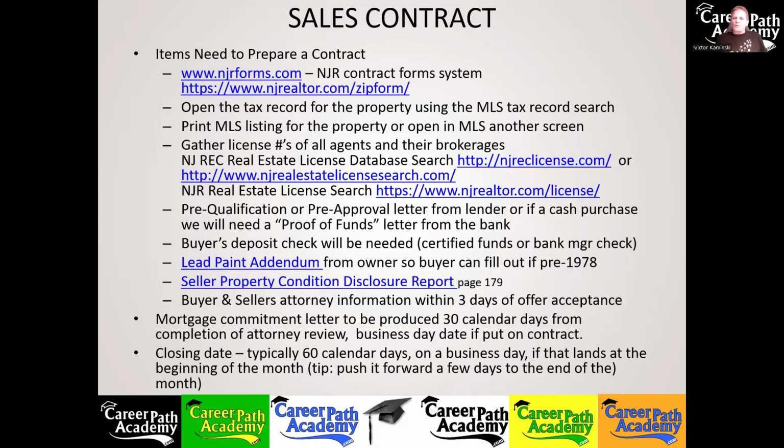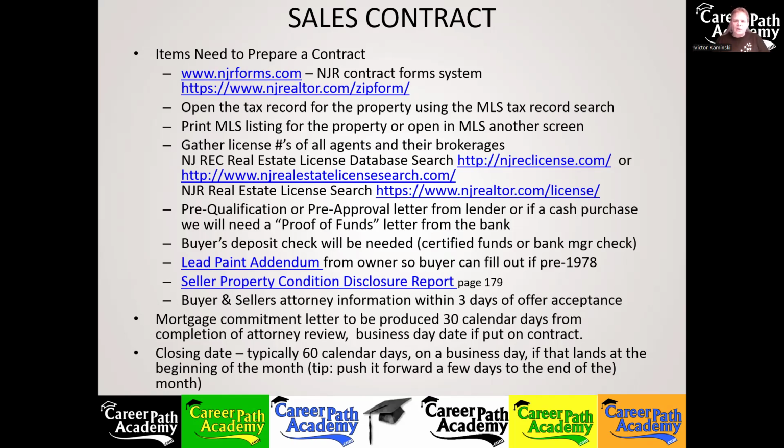You're going to need to have another window open on your computer to gather the license numbers for the real estate companies as well as the individual real estate agents involved, because the law now requires that all real estate agents have their license numbers added to the contracts next to their names.